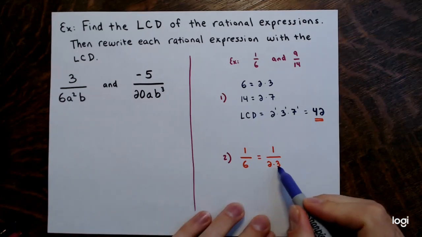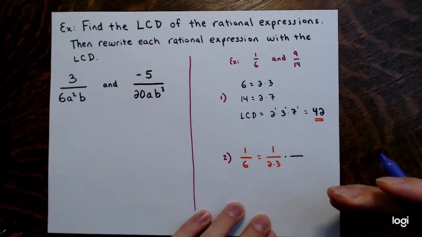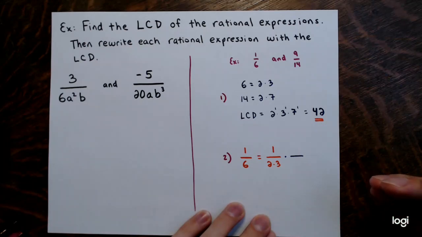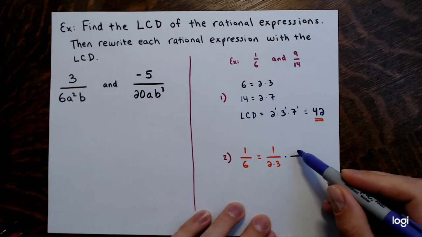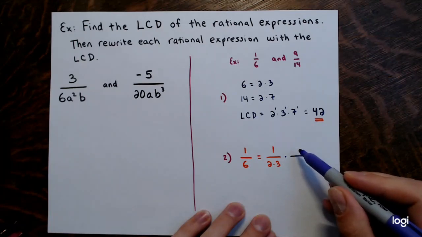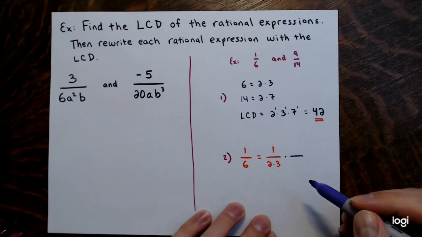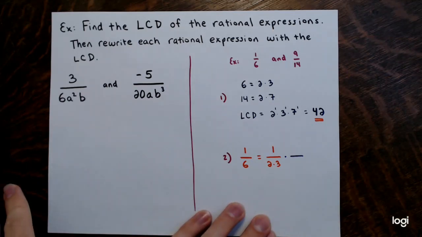So I've got 2 times 3, and remember, when you change a fraction to an equivalent fraction, something that has the same value, you multiply the numerator and denominator by the same number. That way it's like multiplying the whole thing by 1, since anything divided by itself is 1, and when you multiply by 1, values don't change.